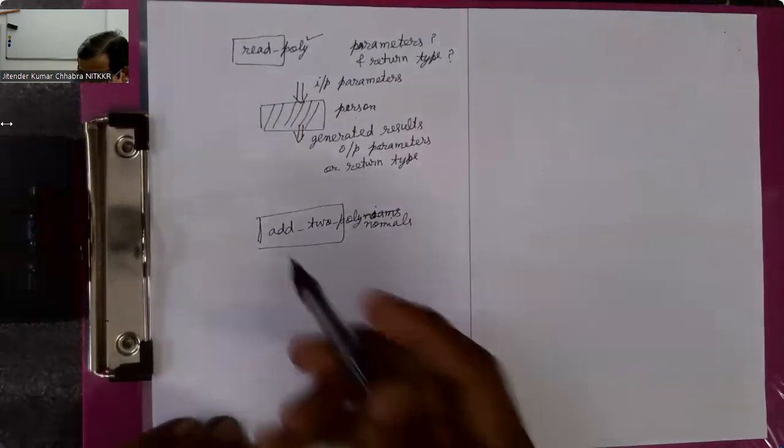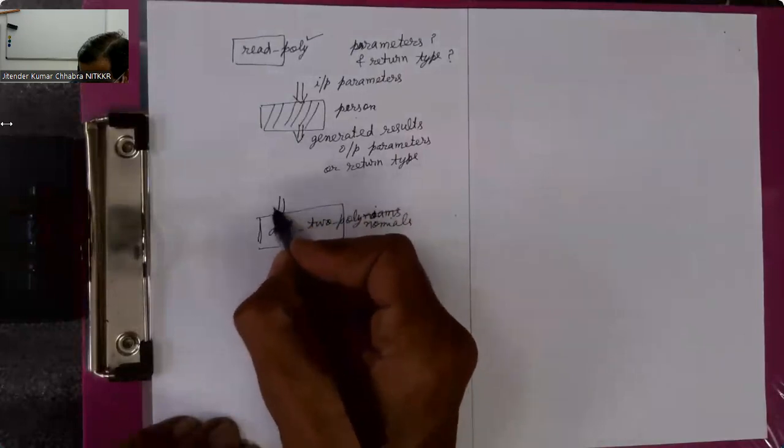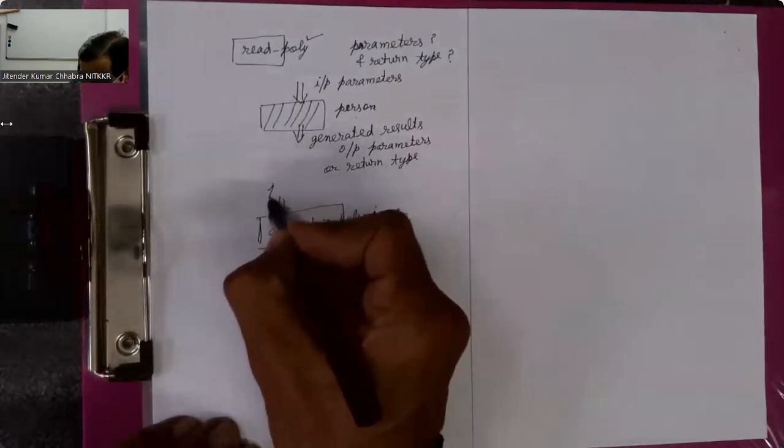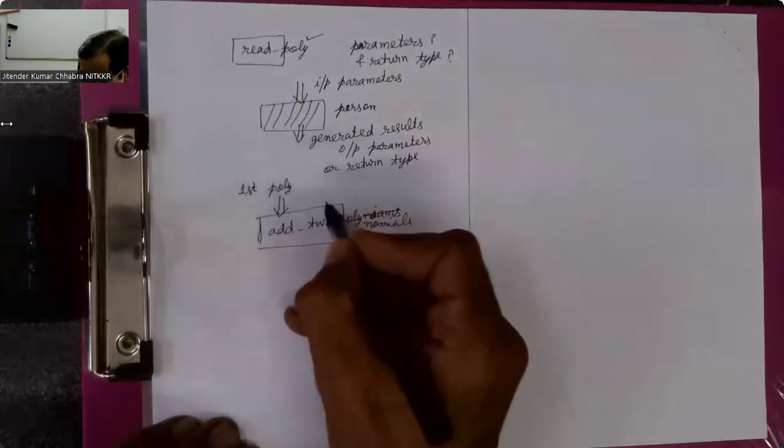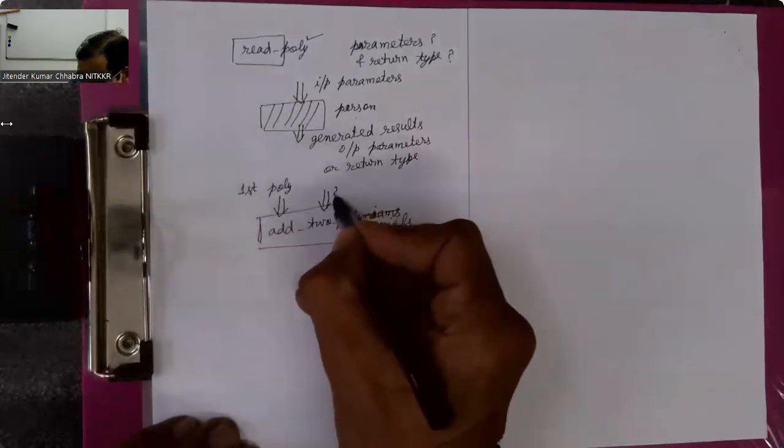That is what it requires as input. For doing this work, the person needs the first polynomial and also the second polynomial.